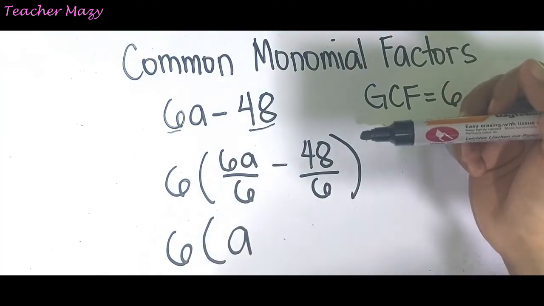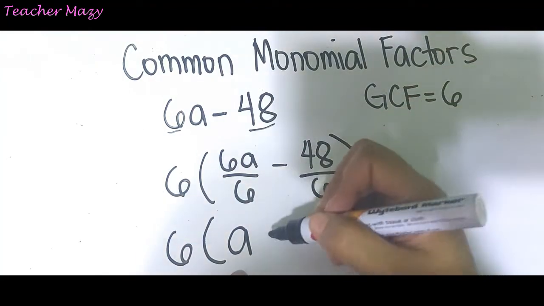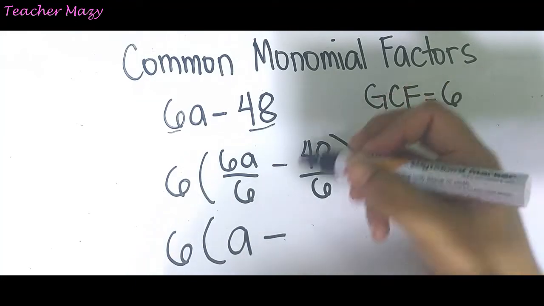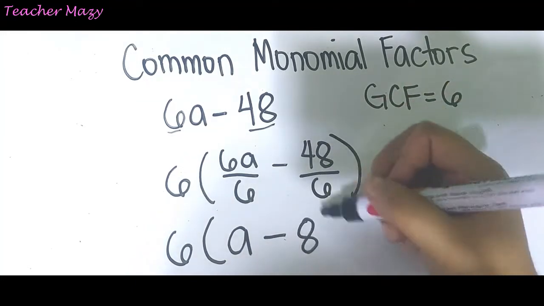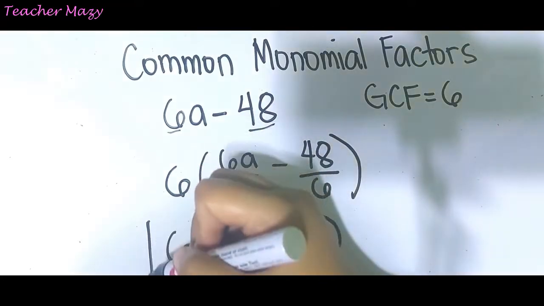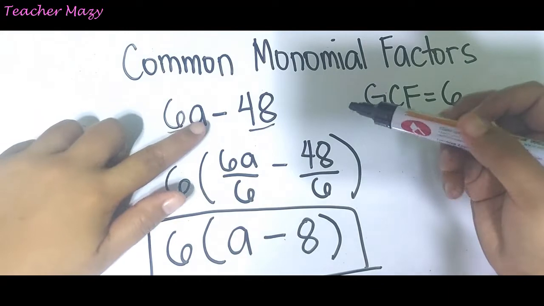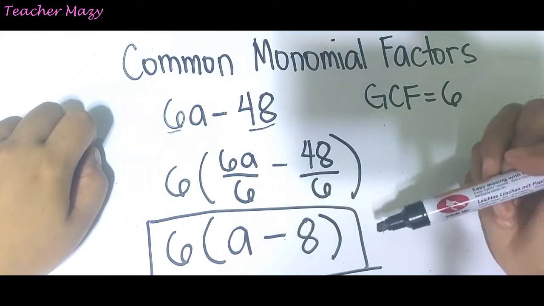So let's just write a. Minus 48 divided by 6, that is equal to 8. And this is the factored form of 6a minus 48.